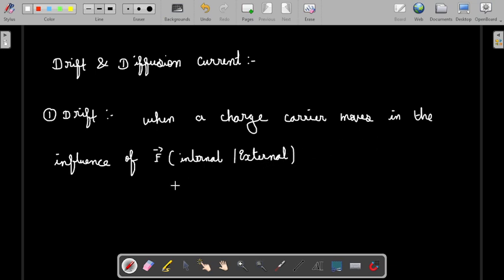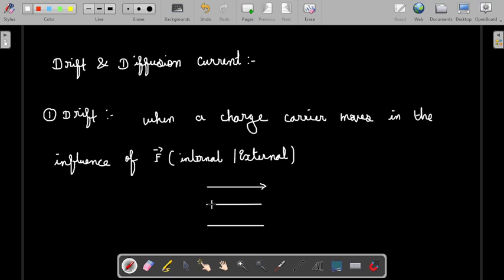When a charge carrier moves under the influence of an electric field, it is called drift. Let's take an example: if the electric field is in this direction, then the electron will move in the opposite direction, and the holes will move in the same direction as the applied electric field.